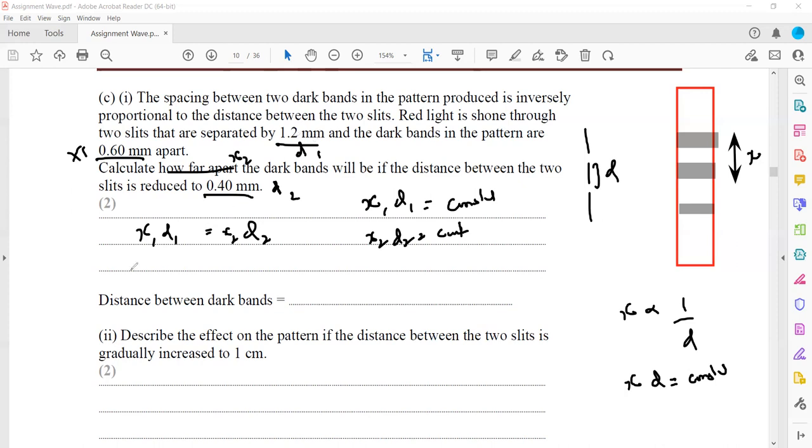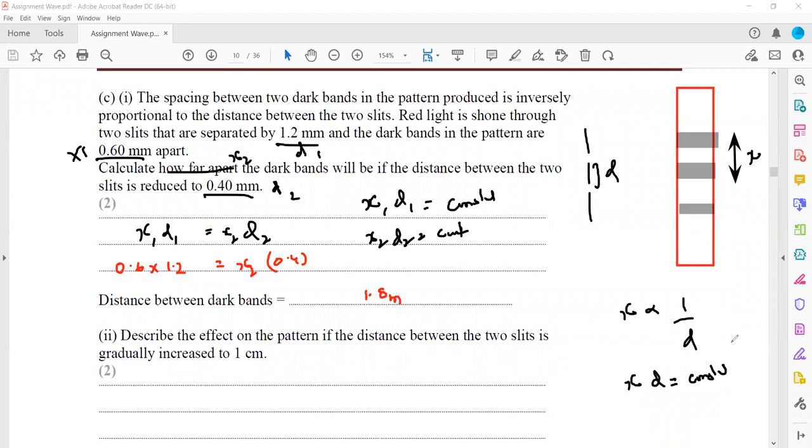So x1 is 0.6, d1 is 1.2, x2 we don't know, and d2 is 0.4. So this 0.4 is multiplied on one side, on the other side it will be divided. So x2 is 0.6 multiplied by 1.2, divided by 0.4, so it will come out as 1.8 millimeter. So 1.8 millimeter will be the new spacing between the two dark bands.